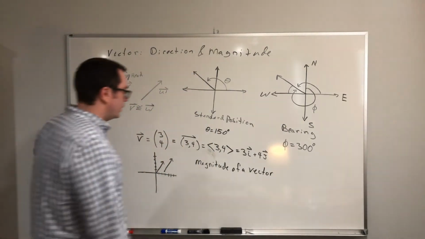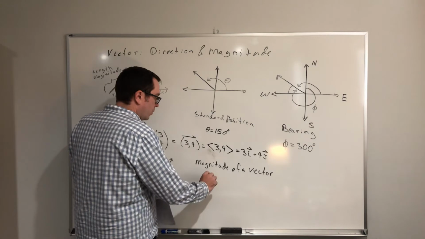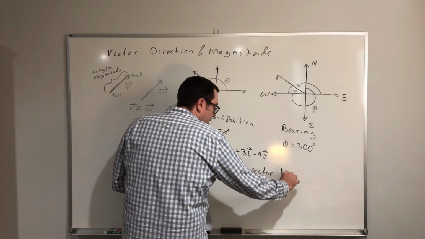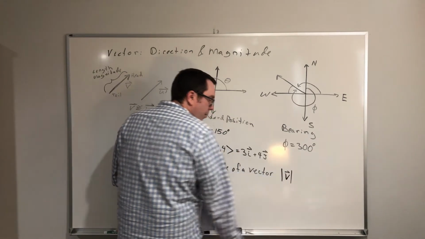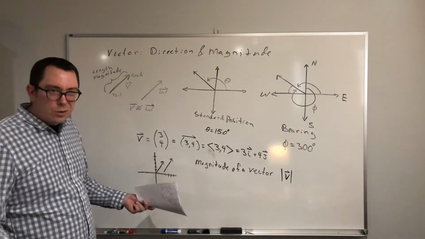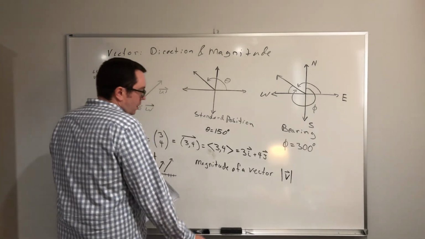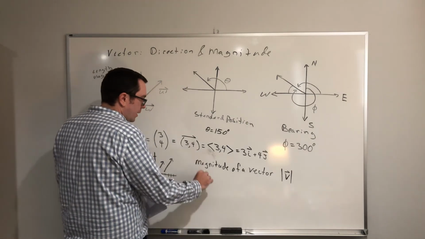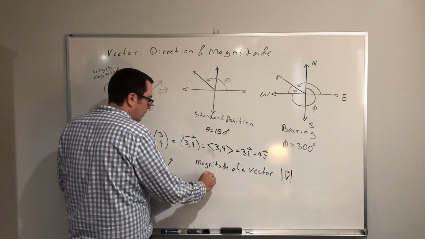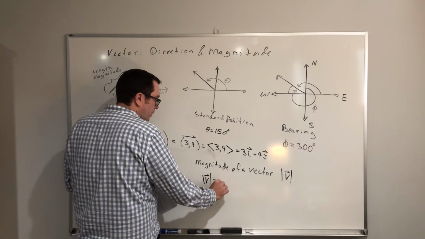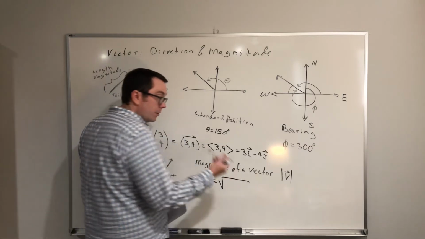Okay, hopefully it's not too dark. The magnitude of a vector, which is denoted like this, has these absolute value bars around it. In fact, absolute value and magnitude are oftentimes interchangeable, not always. And so the magnitude of this vector, for example, can be found just by using the Pythagorean theorem.